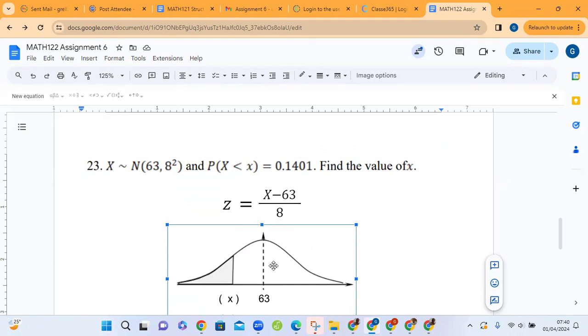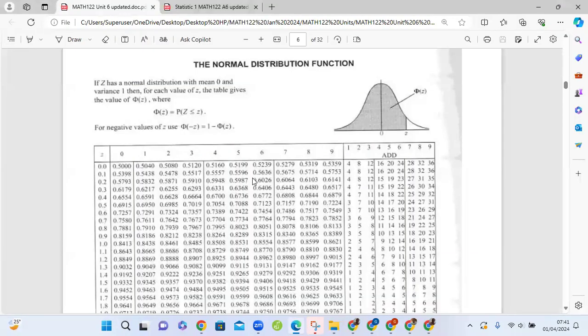Being 1 minus 0.1401. So in other words, you've got to subtract this value from 1 in order to go into the table to find the probability value. Okay, please bear that in mind. The table values are at least 0.5.